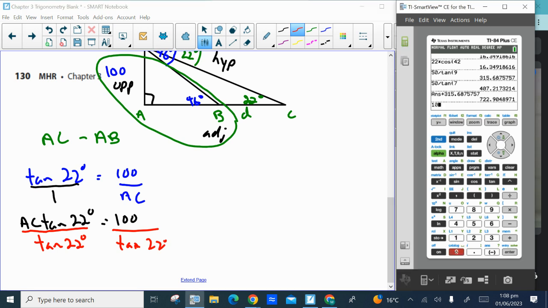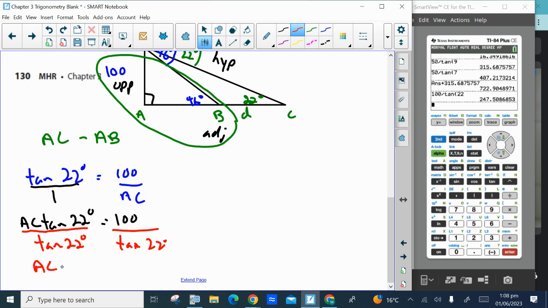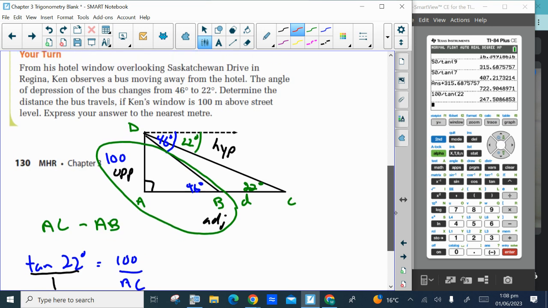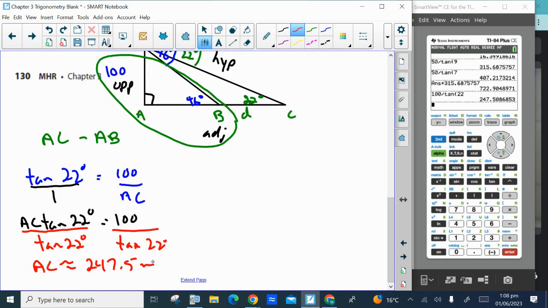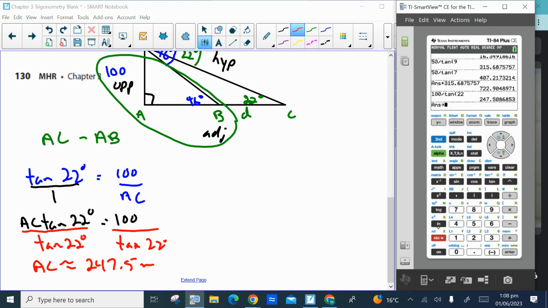So 100 divided by the tan of 22. AC is 247.5. And that'll be in meters because that's what the height is. And I'm going to store that number into my memory because I'm going to need it.